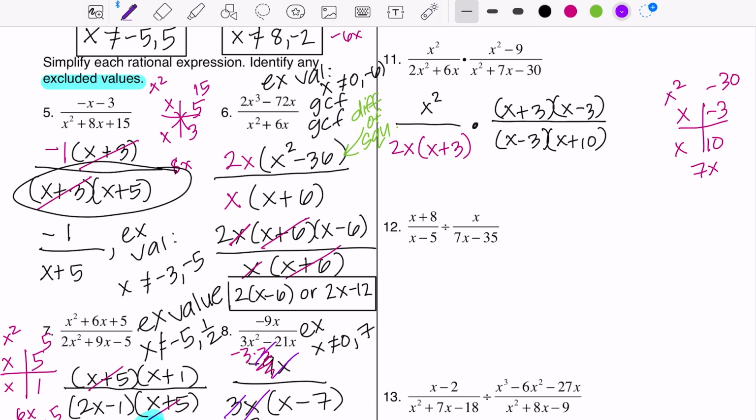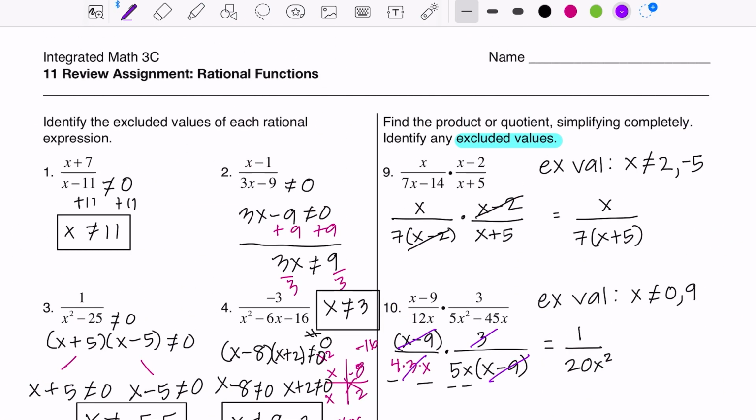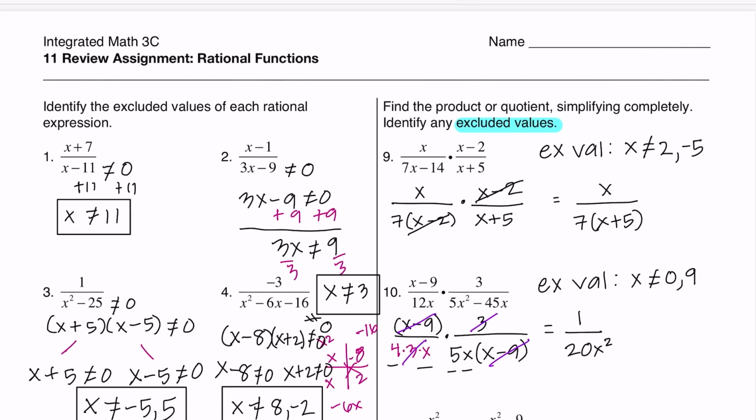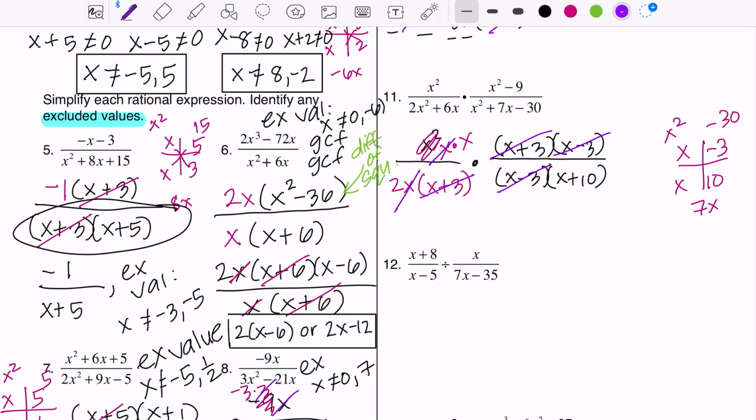And then if we go to cancel stuff out, we have common factor, common factor, common factor, common factor. And then you might not see this, but x squared is x times x, in which case one of those x's is going to cancel with the x down below. So then you end up with, in the numerator, just an x, and in the denominator, you have an x plus 10. Oh wait, what else did I miss? That too.